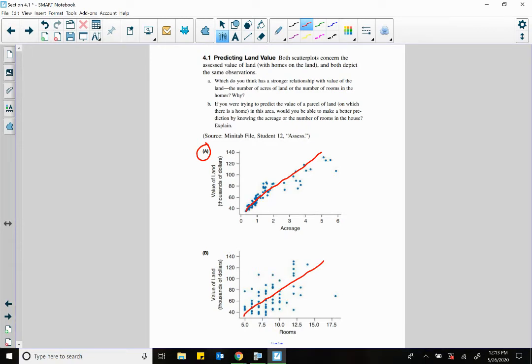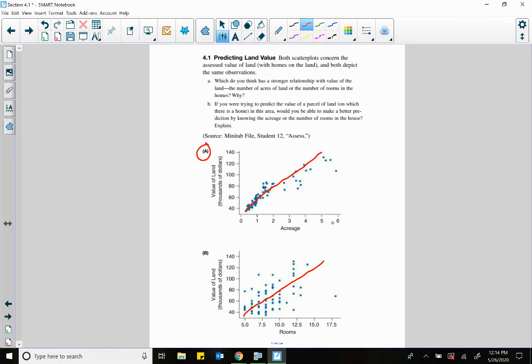Okay? Then part B says, if you were trying to predict the value of a parcel of land on which there is a home, would you be able to make a better prediction based off of A or B? And the answer again would be A. The reason being, there's a stronger association here. You can see more of a line here. Down here, there's a lot of variability. It doesn't necessarily look like there's a positive association.